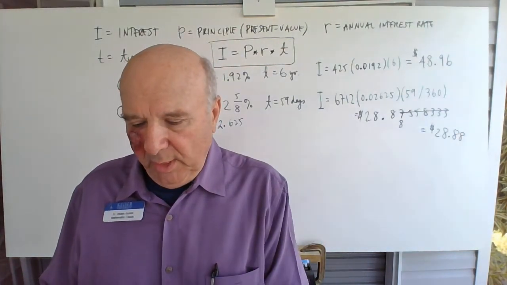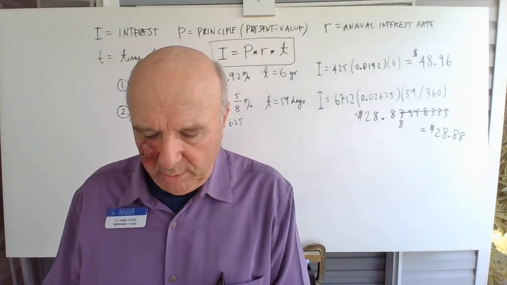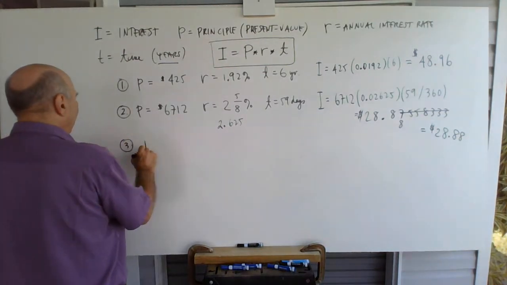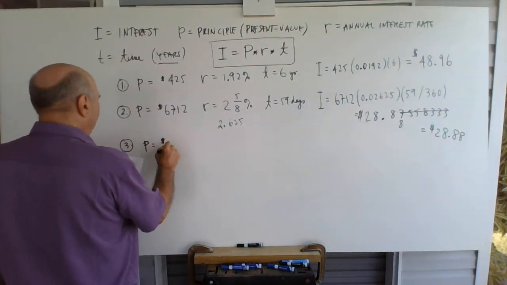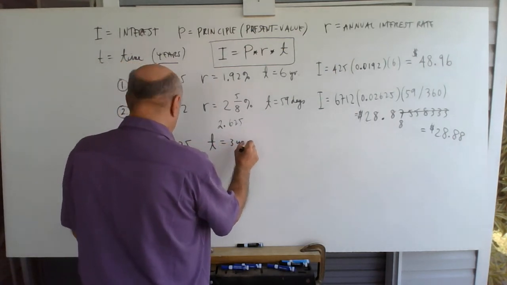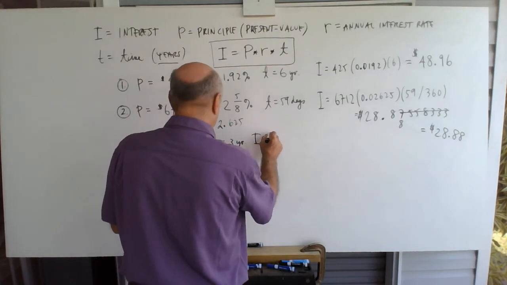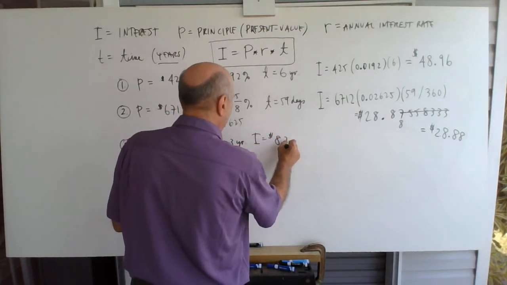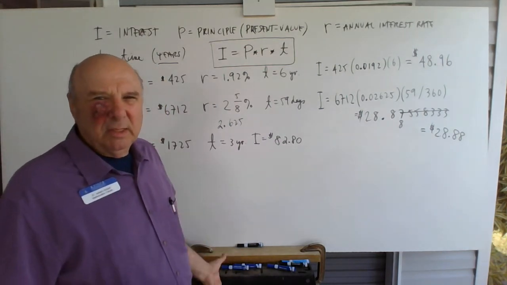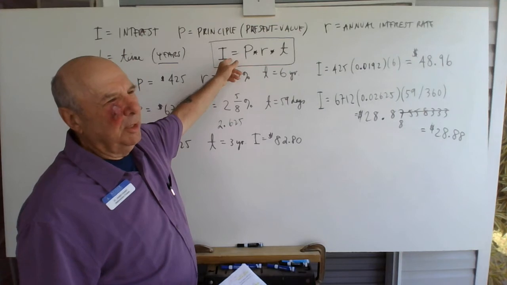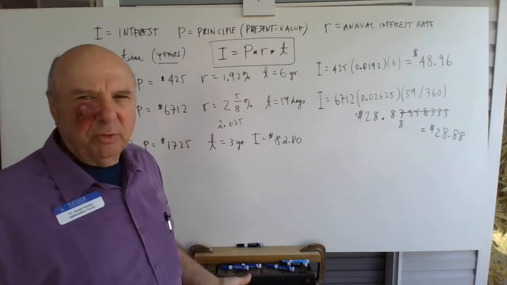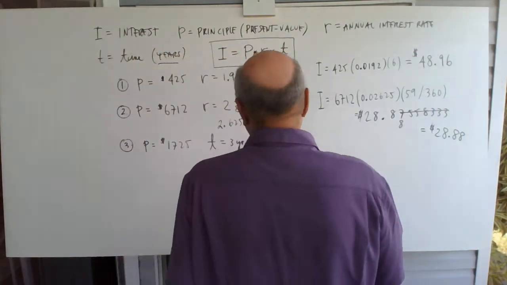For instance, here I'm going to be solving for R. I'm given P, T, and I. So we want to solve for R. You could do this literally, where you solve it for R, or you could do it numerically. Either way. So let's do it numerically.